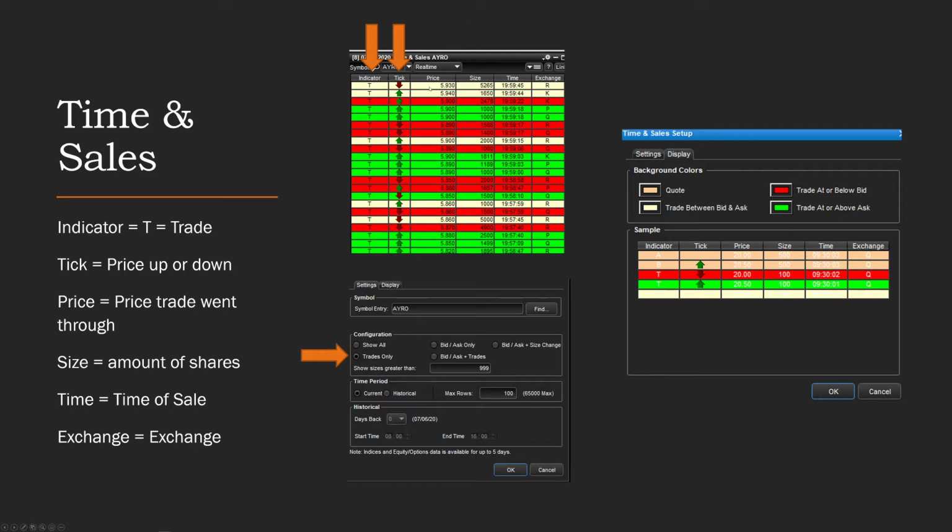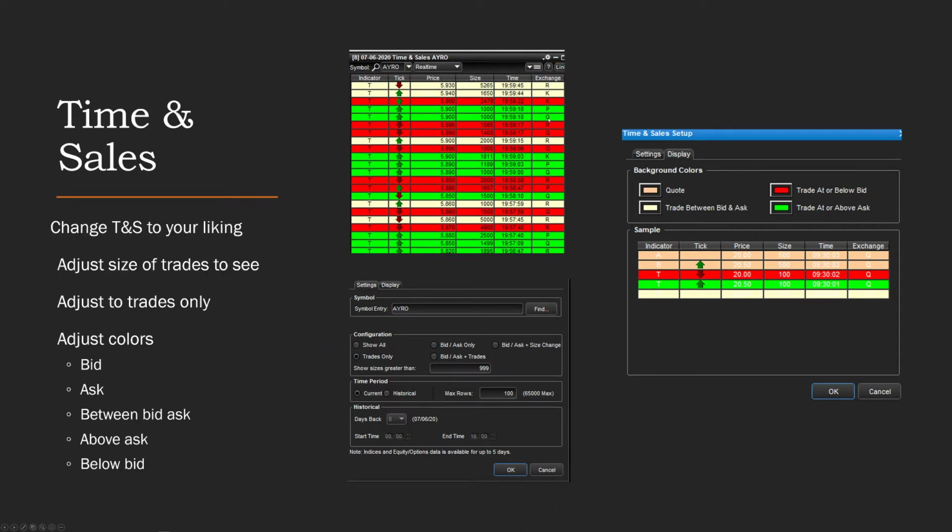So you'll notice this has a downtick, and it's this color because it was between the bid and the ask. But this one has an uptick, again between the bid and the ask, right? So it depends on whether the price is going up or going down. And again, you have your price, your size, the time it went through, and then the exchange.